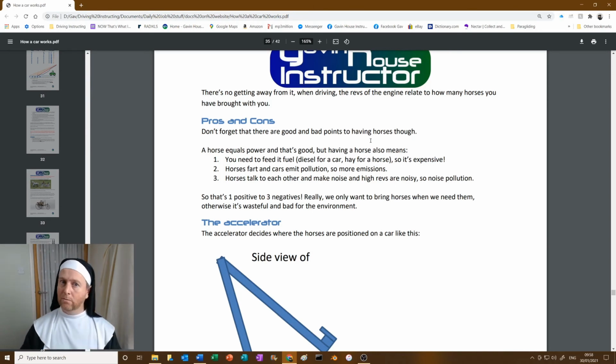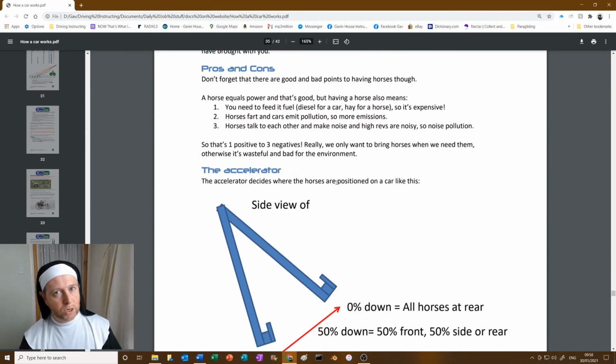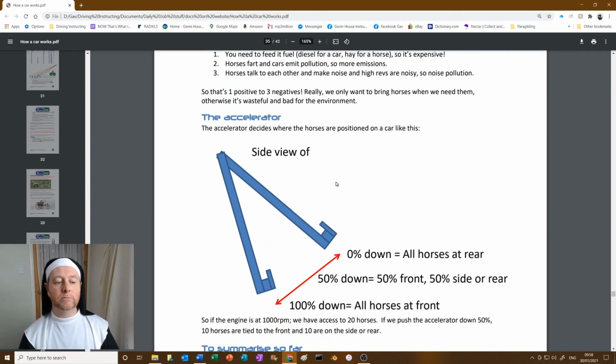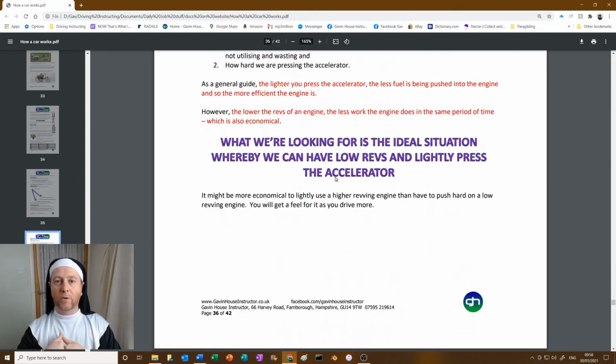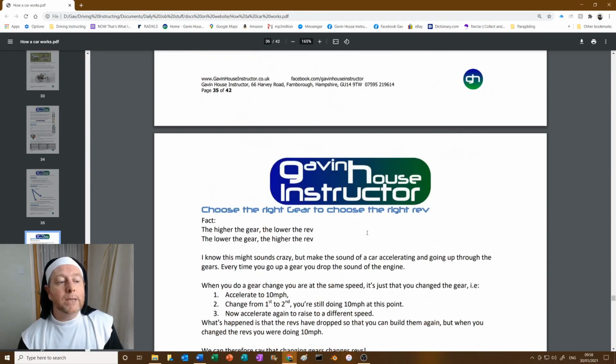So you've got to decide how many horses you need to do the thing that you want to do. If you were just driving along a flat bit of road, you only needed a few horses just to beat the wind resistance or the rolling resistance of the vehicle. You could then decide, well, I only need 10 horses, for instance.